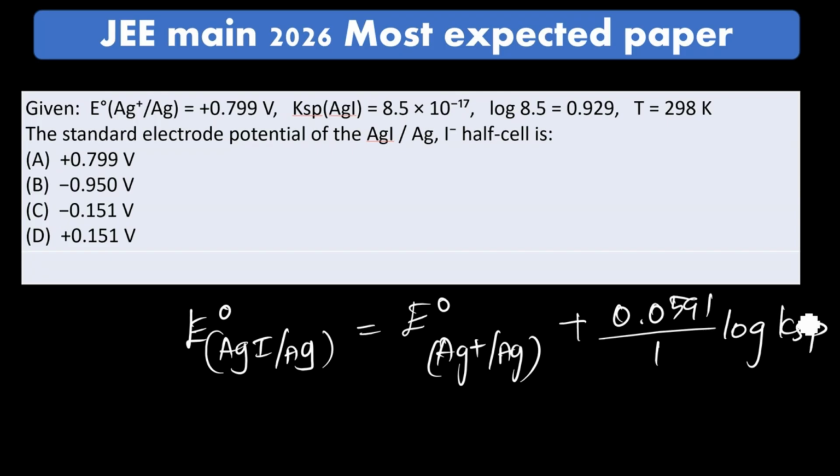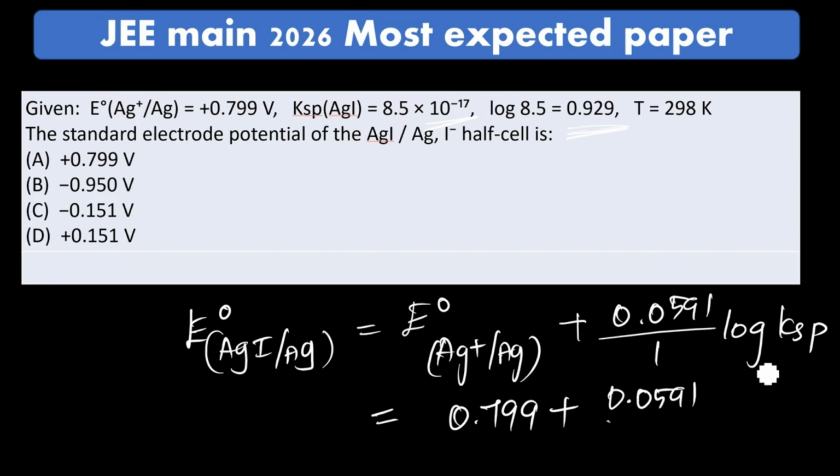So how do we find log Ksp? The Ksp value is given as 8.5 into 10 to the power minus 17, and log 8.5 is 0.929.